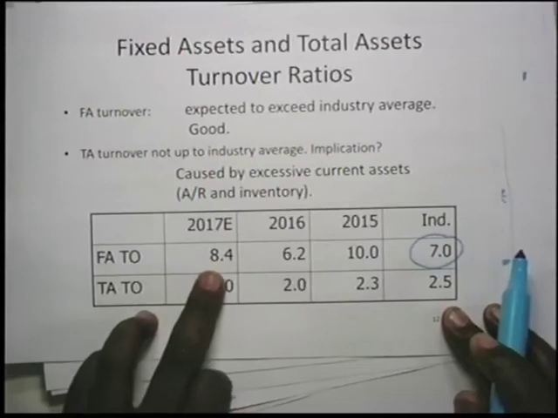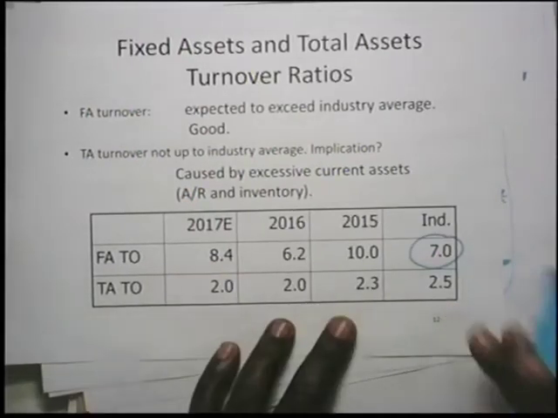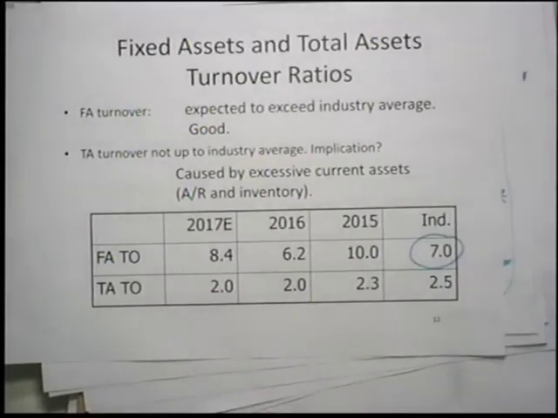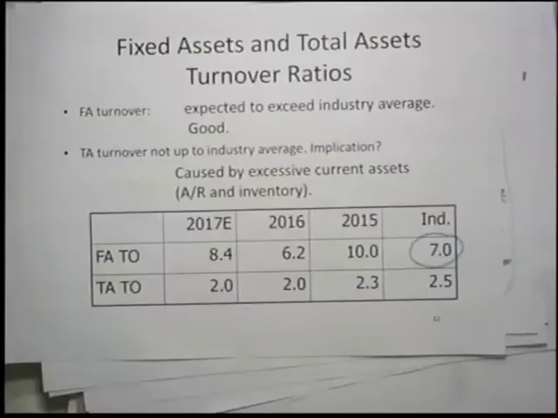This year is projected to be 8.4. We're looking at our net fixed assets and saying how many times are they spinning, making money? The industry average is 7, but in 2015 we were above average, which means the wheel was turning faster in our organization as far as the net worth of assets is concerned. They are generating more money.